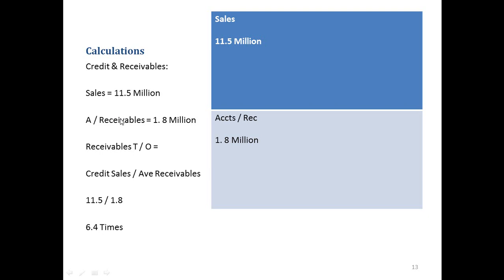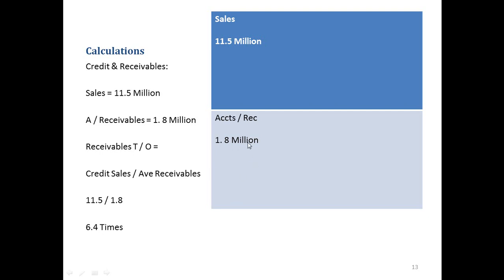So that's simply AR. Sales is 11.5. AR is 1.8. Receivables turnover is credit sales, which is this number, over the 1.8. And that's 6.4 times. So it happened over the course of 1 year. We sold something, we collected, we sold, we collected, we sold, collected. That happened on average 6.4 times.